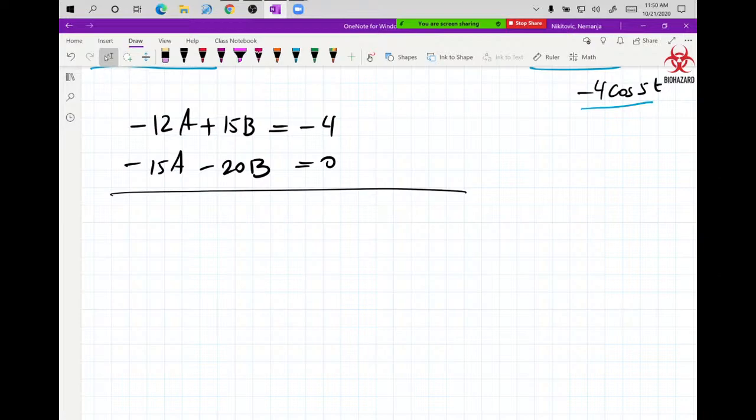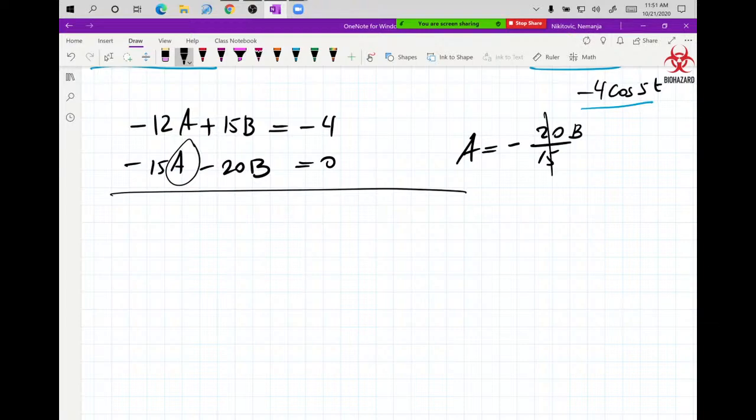I'm going to say that a is equal to negative, so a is equal to, put b to the other side, that becomes positive, so a is 20 over 15, but it's negative, so a is negative 20 over 15, and we have our b over here.